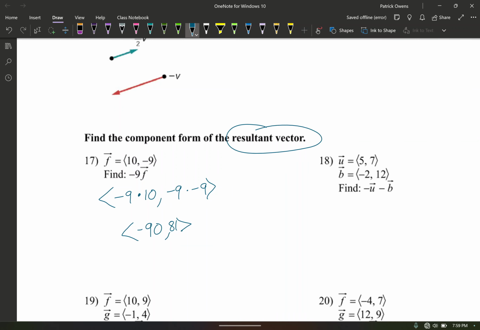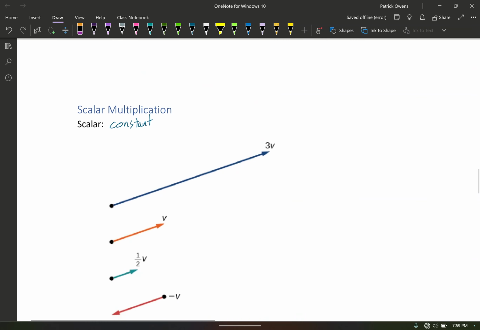The resultant vector is just our answer. It's what happens after we do whatever operations we're doing to the vector. So you're essentially just distributing the number. So scalar multiplication ends up a lot like distribution.